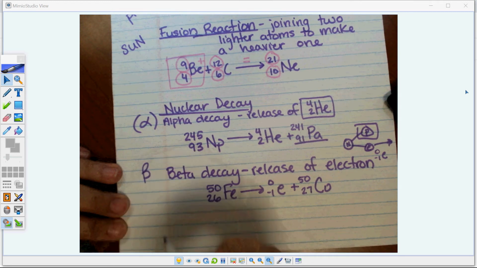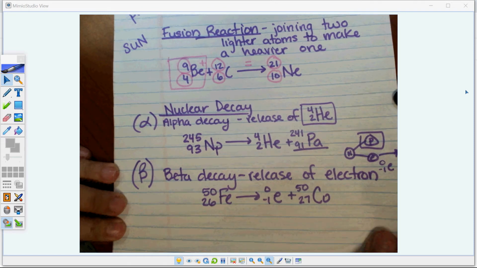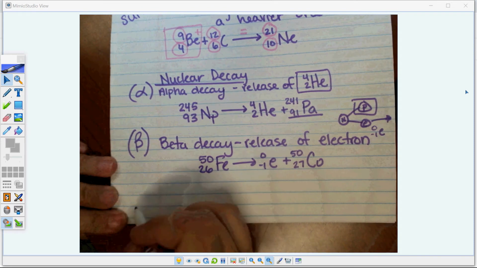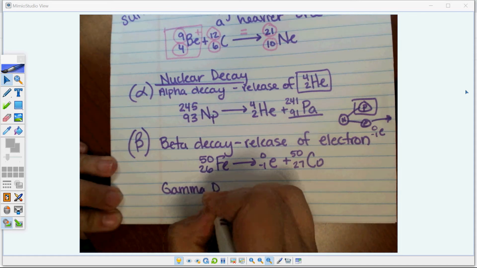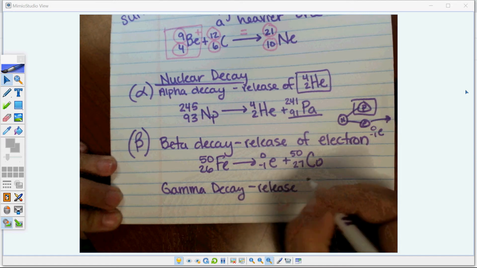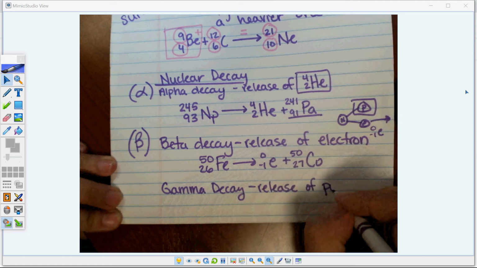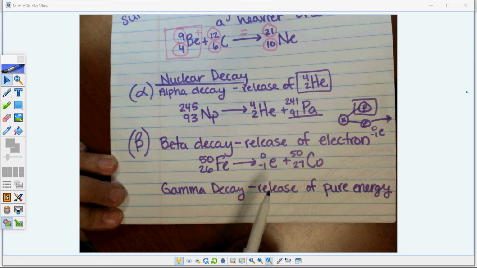The funny symbol for that looks like that guy. So if you see that on UT Quest, that's what beta means. There's also something called gamma decay. And gamma decay is really just a release of pure energy. And so we don't actually see a change in element.